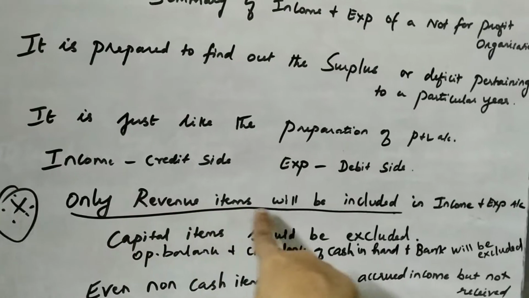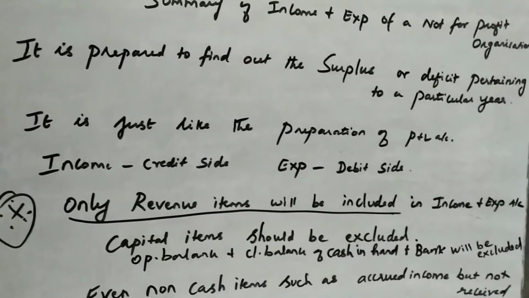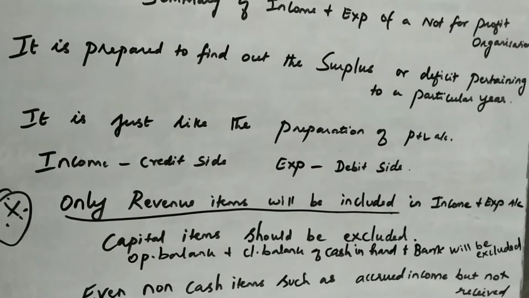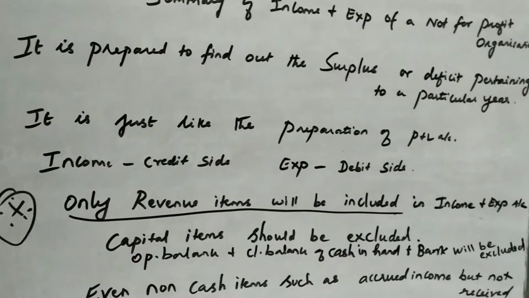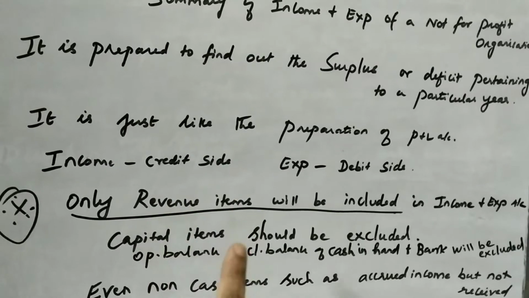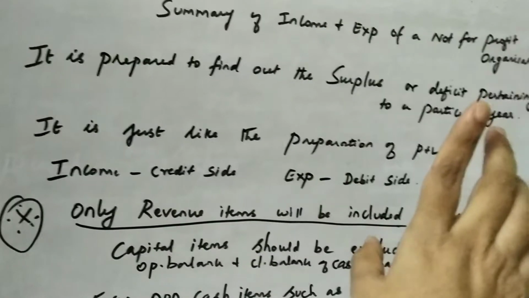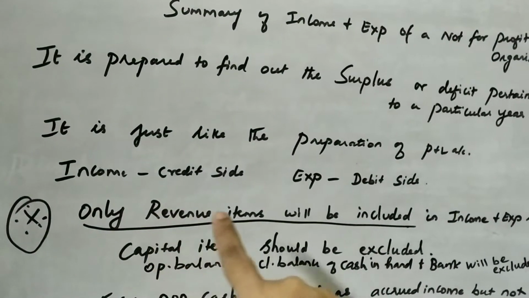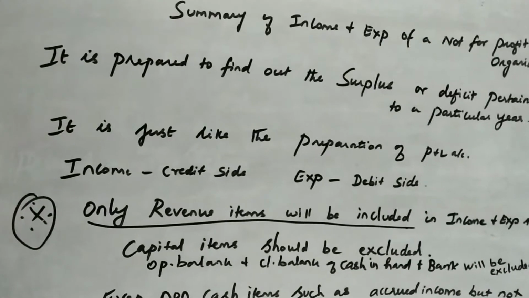Capital items should be excluded. You should not include capital items. Capital items will be shown only in the balance sheet, not in income and expenditure account.